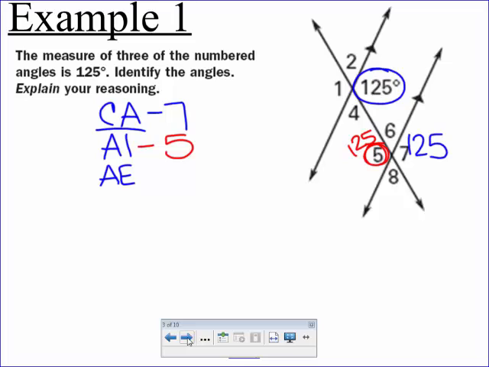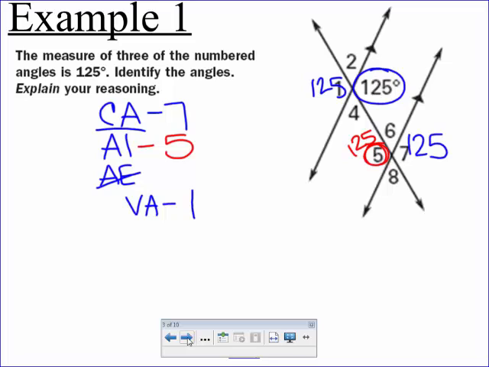We don't have an alternate exterior one with the 125 that I circled, but we also know that 125 and angle 1 are what type of angles? Vertical angles. I'm sorry, angle 1 should be listed there instead of 125. So 1, 5, and 7 are the ones that are equal.